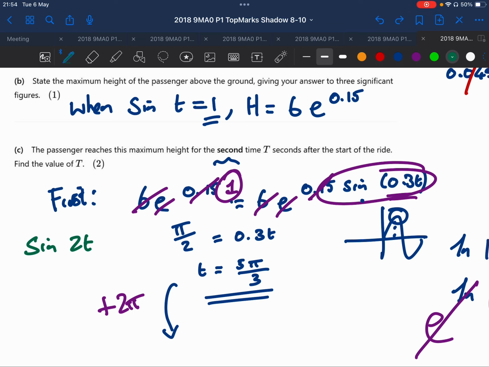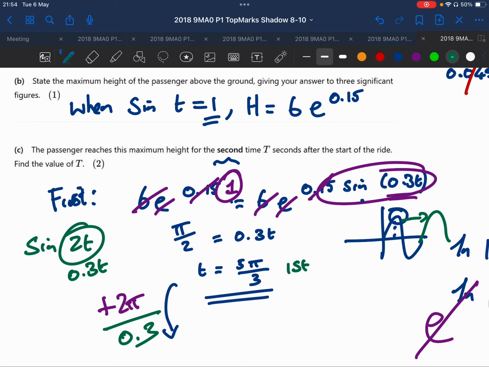So how am I going to handle the fact that it's not sine 2t, that it's sine 0.3t? Well, I suppose I'm going to divide by 0.3, because that's the pattern of what I'm doing. So it's 2 pi divided by 0.3 added on to the first time that this happens, which will tell me the second time that it happens.